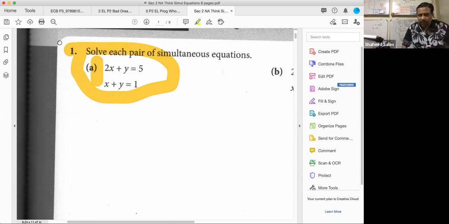Okay, Shafi, what's the answer for X? Have you got an answer? Can you type in, please? If you have found the answer, just type in.